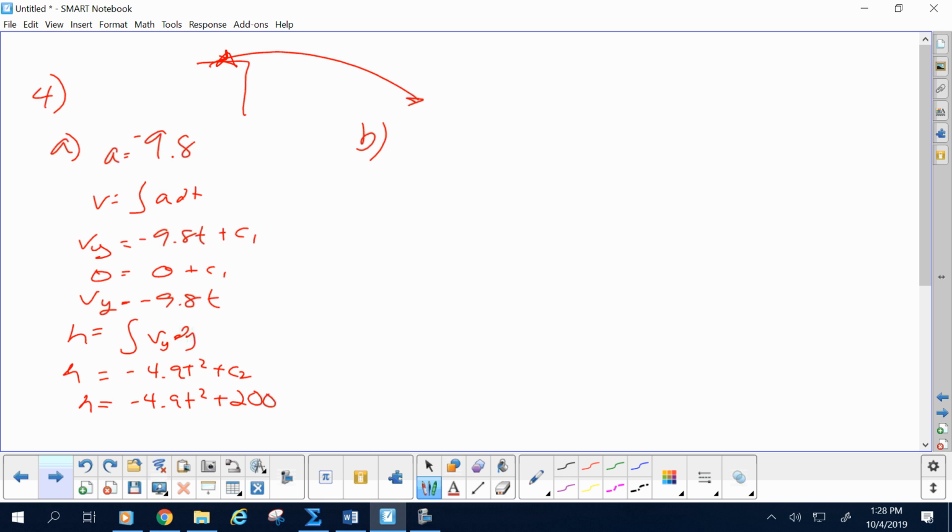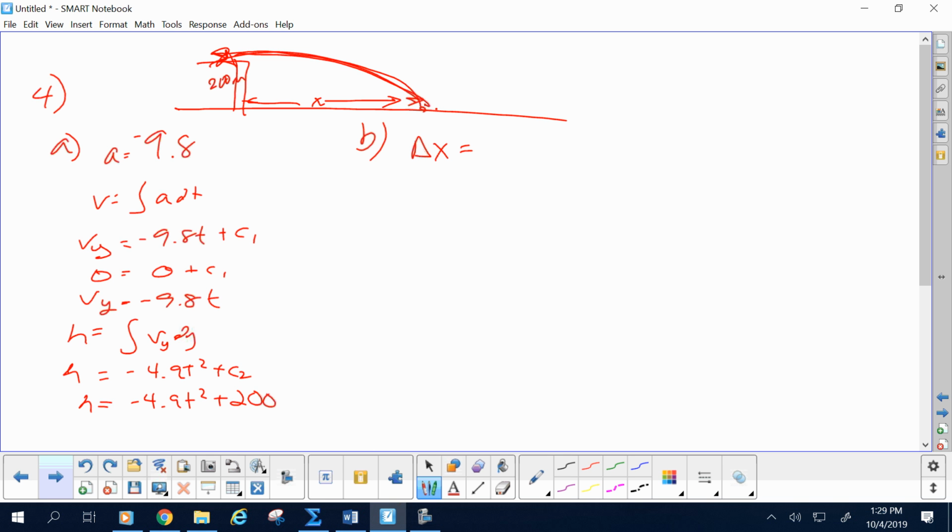All right, so check this out. He's throwing the ball, or she's throwing the ball off some 200-meter high field, and we want to know how far it goes. You could even think of that as x when it hits the ground, or delta x, whatever you want. But how far it goes horizontally is going to depend on how fast it was thrown and how long it traveled.